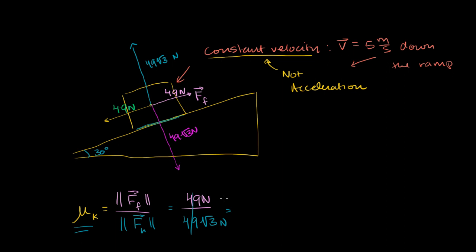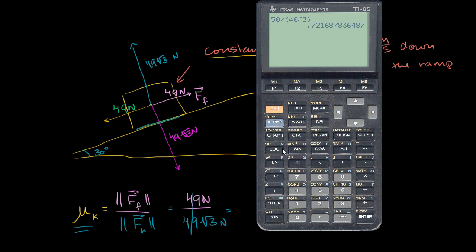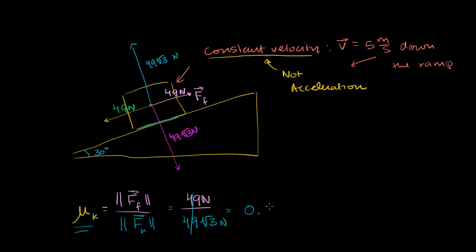So we get 1 over the square root of 3. And let me get the calculator out to get an actual number here. So we have 1 divided by the square root of 3, which gives us approximately 0.58. I'll just round. And there's no units here, because the units cancel out. It's a unitless measurement.